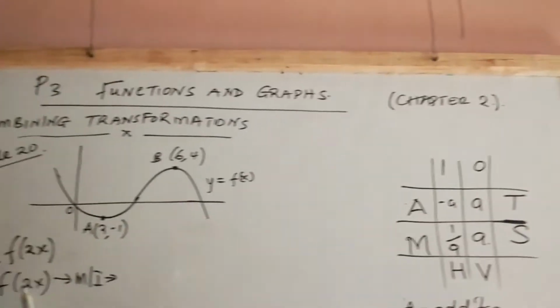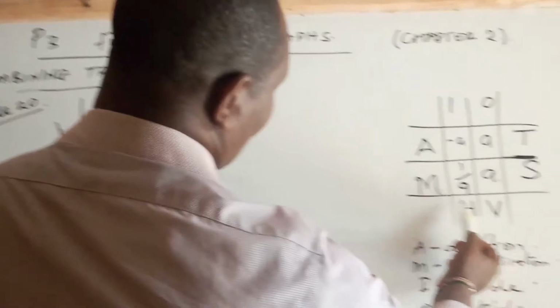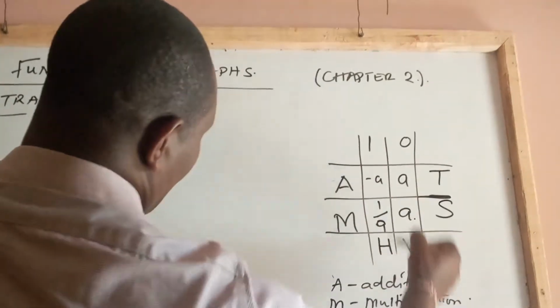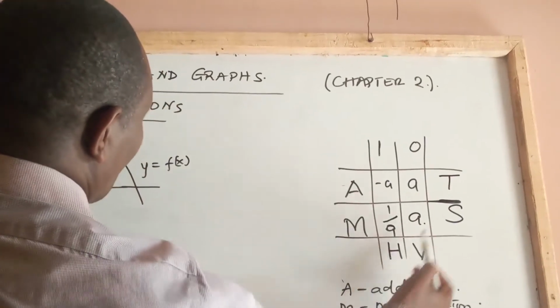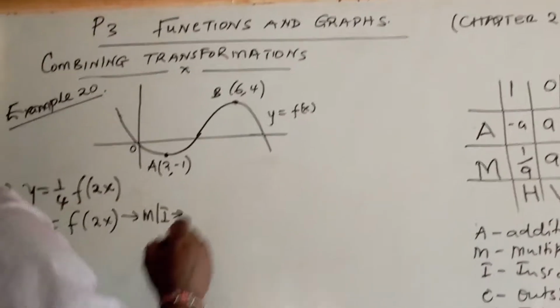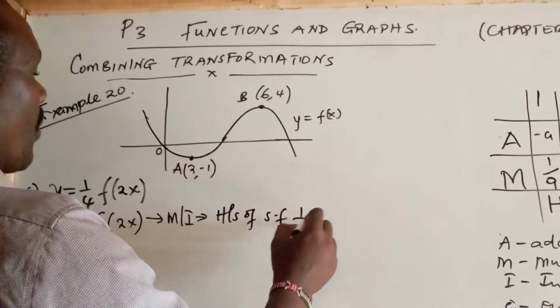In this case, our a happens to be 2. So it's a horizontal stretch because it is multiplication inside. It is a horizontal stretch of scale factor 1 over 2.